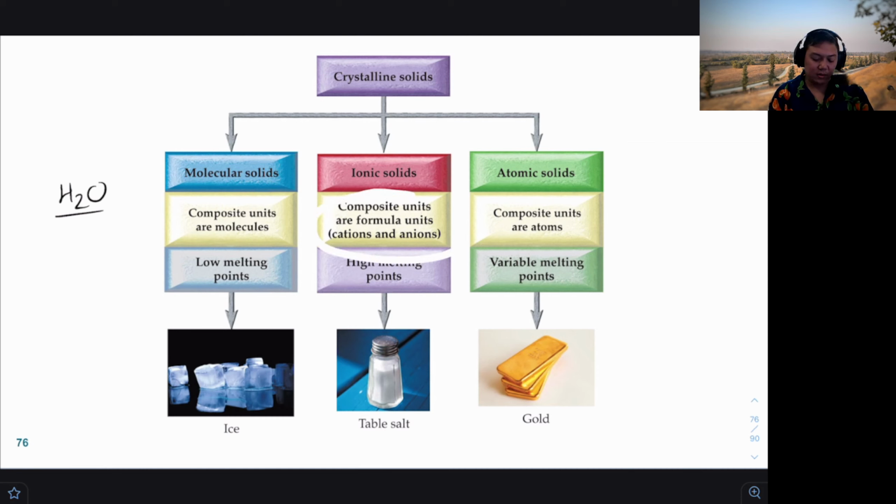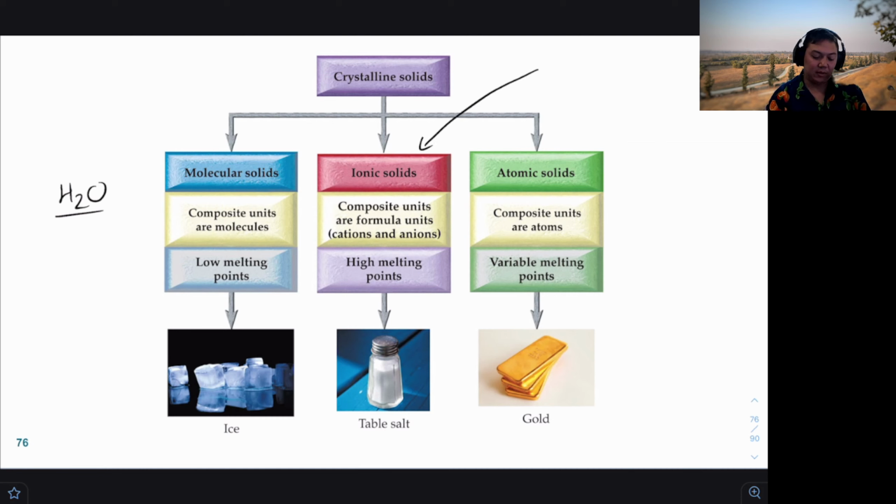Something like sodium chloride, on the other hand, an ionic solid, we talked about those, and I didn't emphasize this very much, but they're formula units. So something like sodium chloride doesn't have individual NaCl molecules, but rather is a bunch of sodiums and a bunch of chlorines bound together at a 1-to-1 ratio.